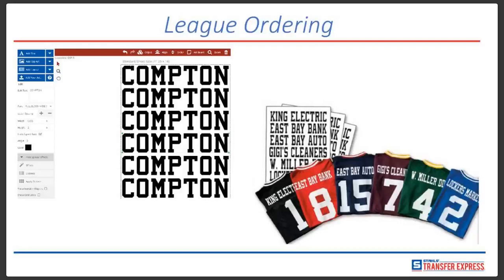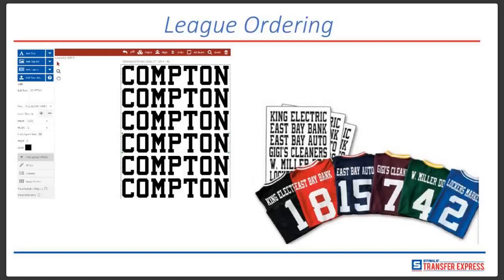But in this example here, we used one that was, if anybody's taking notes, QSP-3. Again, QSP-3, and we'll actually see that on the next slide. But we were able to fit 6 sponsor names on one sheet. And then if you see here on the right, we had the 6 different teams that we had within this league, and we were able to put all the different sponsor names.